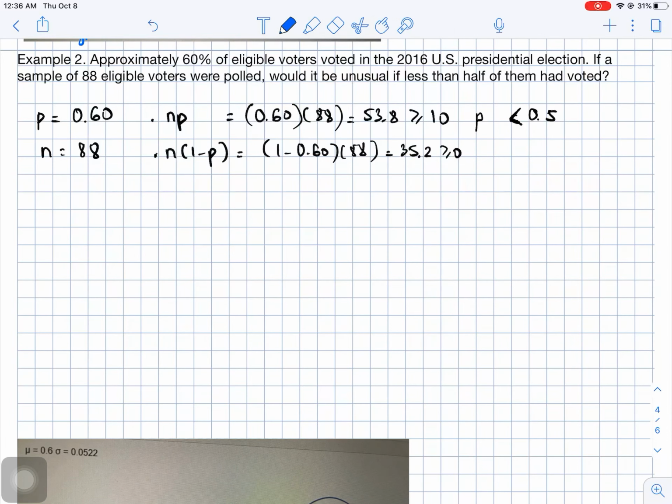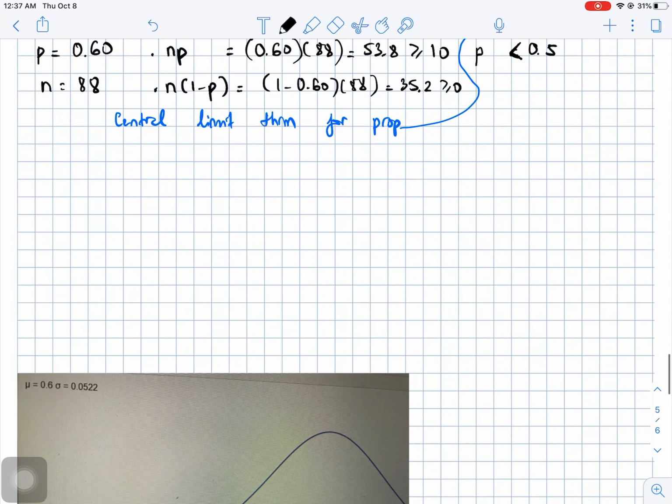We got the answer is 53.8 and it's greater than 10, and also 35.2 and it's greater than 10. So we satisfy the two conditions. Then we can apply the central limit theorem for proportion.